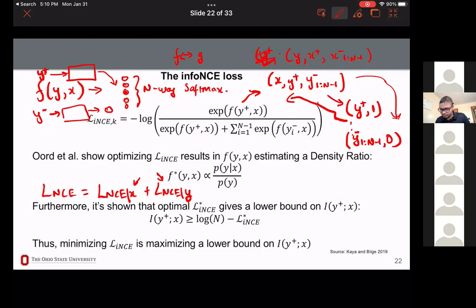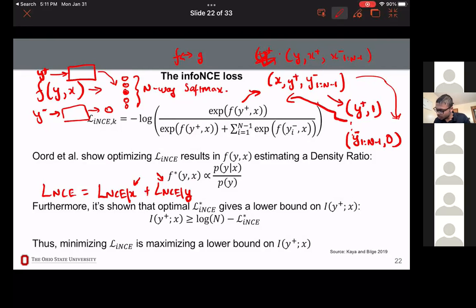So again, how do I calculate f star y comma x? At some point I have to use it, and supposedly it's a density ratio. So it requires two things. Even a density ratio requires two instances of vectors y and x. So I need the operational definition of calculating f y comma x.